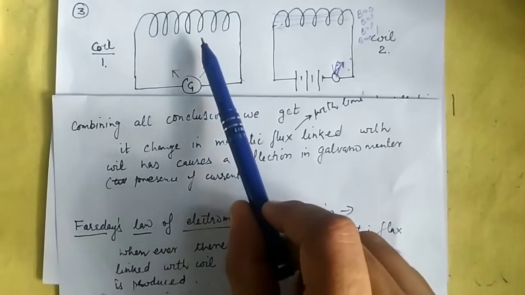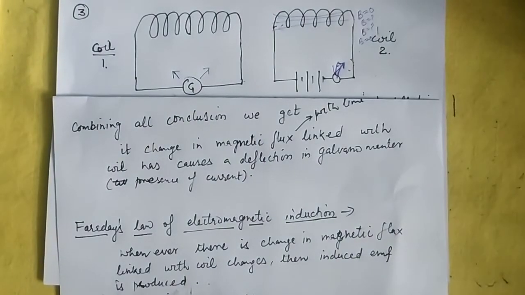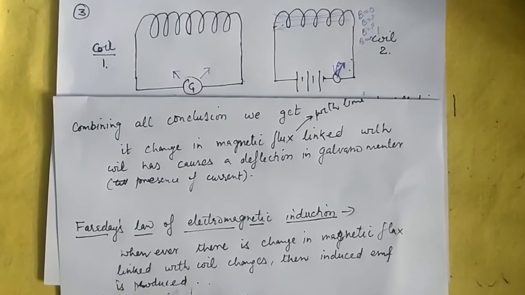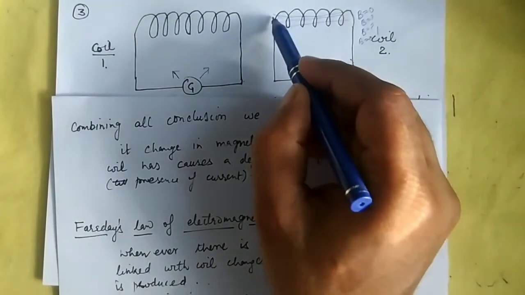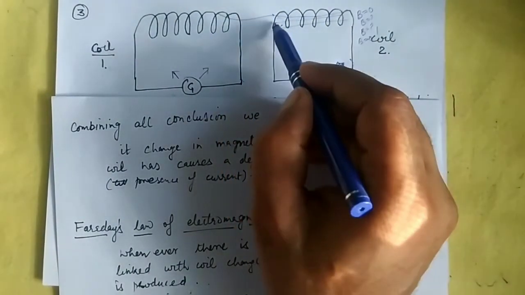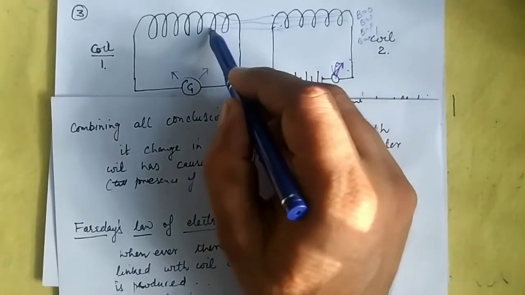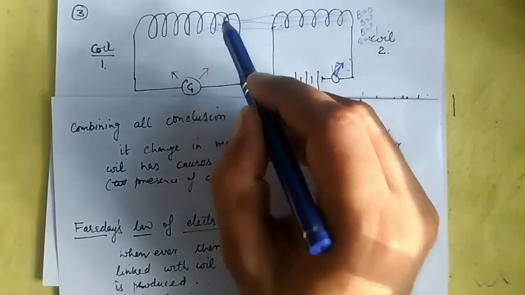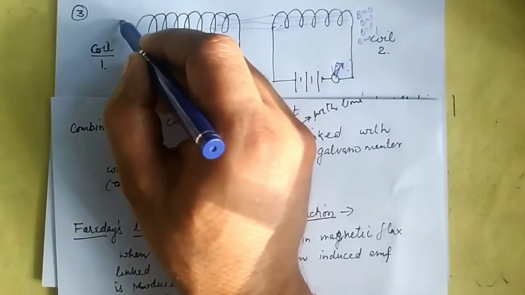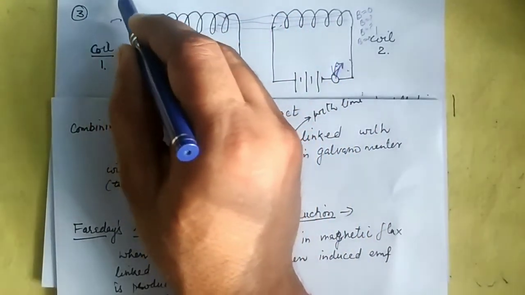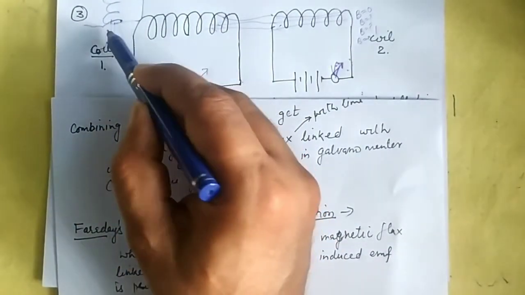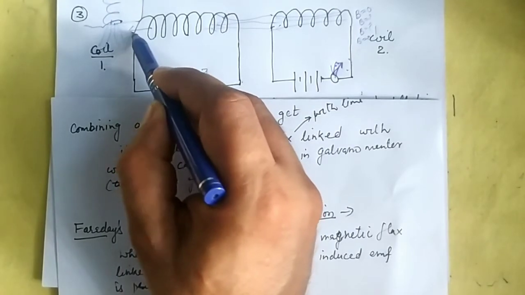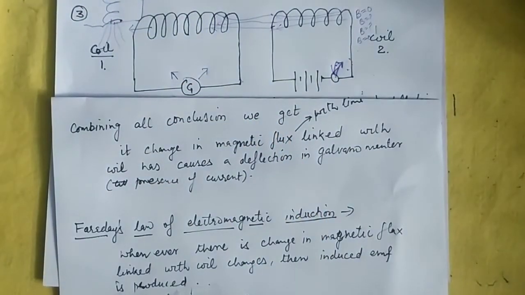If you increase the number of turns, you are increasing the surface area. If the coil is along this direction, the magnetic field linked with it is along this direction. And if the other coil is perpendicular to it, the magnetic field is perpendicular to this surface area, so there is no deflection.